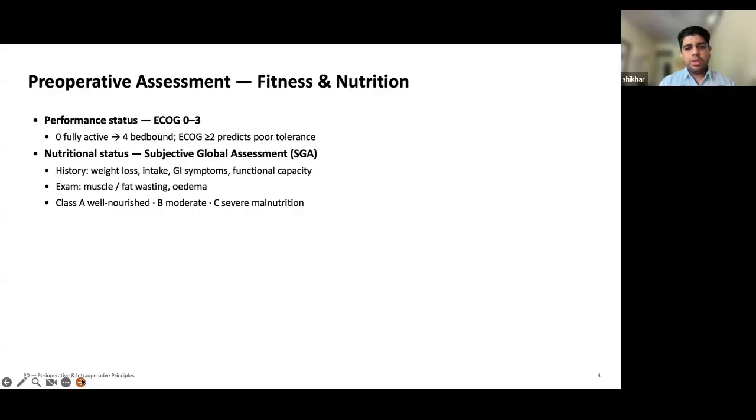The root cause of the malnutrition and the poor functional status has to be addressed, whether it is poor intake or symptoms, as patients can sometimes have gastric outlet obstruction, which might be one of the reasons, or patients with a background of chronic alcoholism. Those issues have to be addressed. Then only can we optimize the patients and proceed with the surgery.